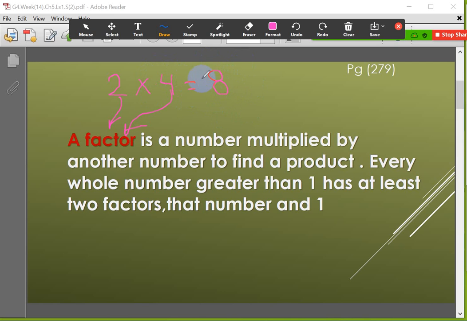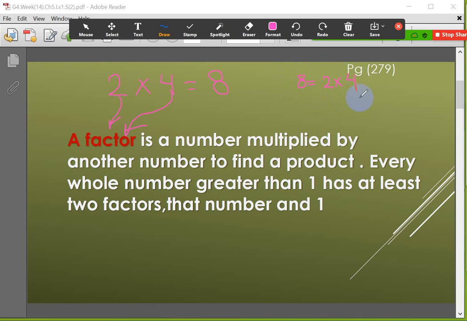So if I told you, give me a factor for 8, that means you have to give me numbers. If I multiply those numbers, the product will be 8. That means 2 multiply 4. So the factors for 8 are 2 and 4.